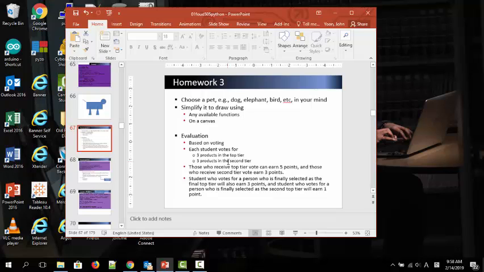So each student can pick 6 at most: 3 in top tier, 3 in second tier. Then I collect them and we'll vote. Finally, I can pick the real top tier, 3 top tiers.